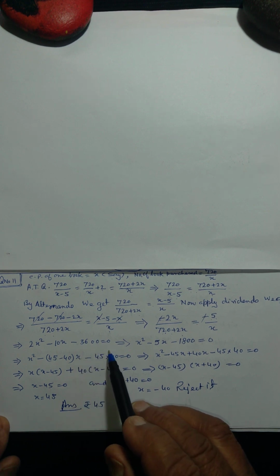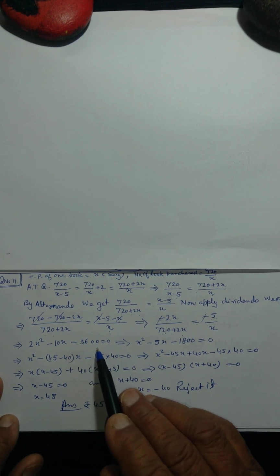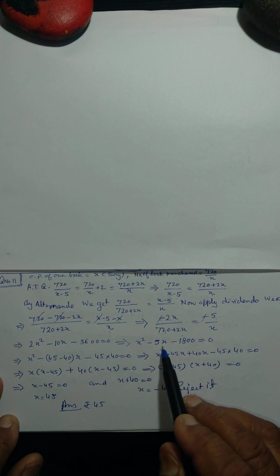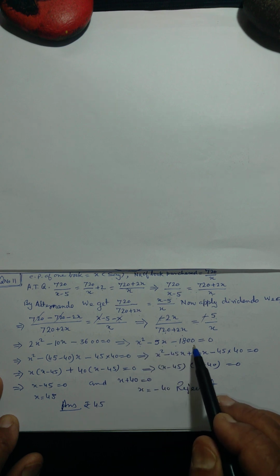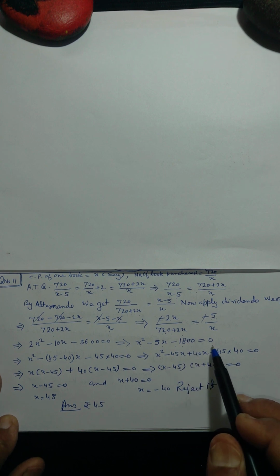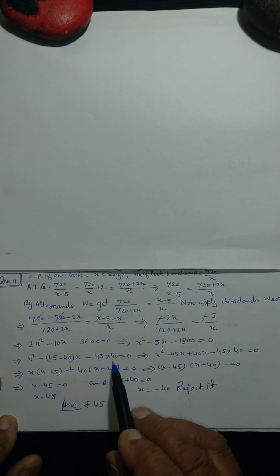3600 equal to 0. You see, just take out 2 common. So x square minus 5x minus 1800 equal to 0. This 1800 can be written like this, 45 into 40.